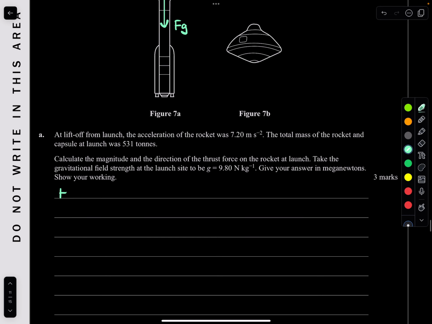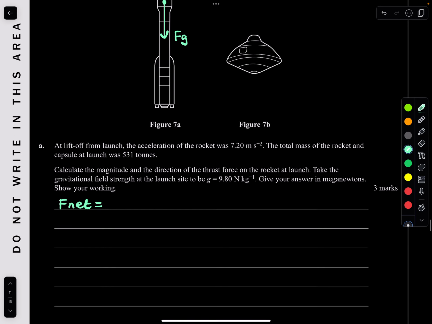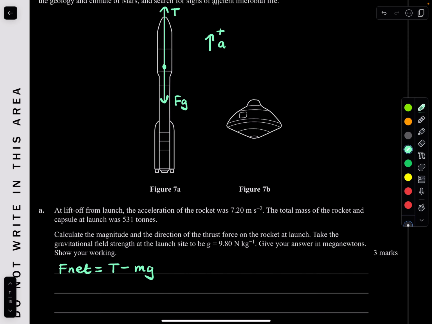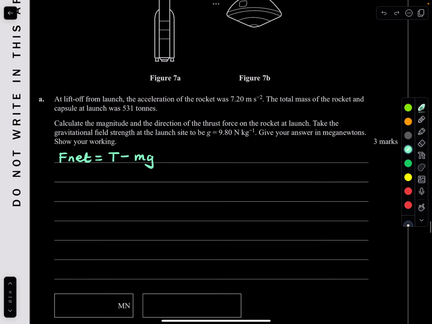So your F net, your overall net force, is adding those two up. It's going to be T minus your force of gravity, which is mg. Minus, because we're taking up as positive, but Fg is down, so it's negative.